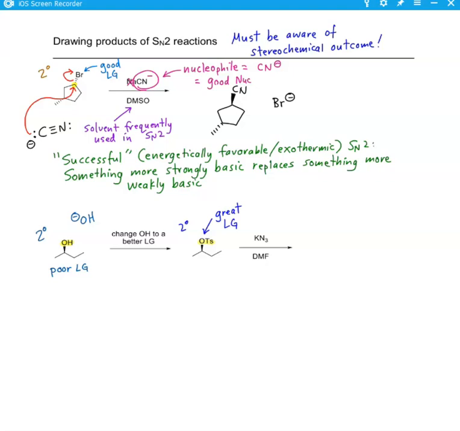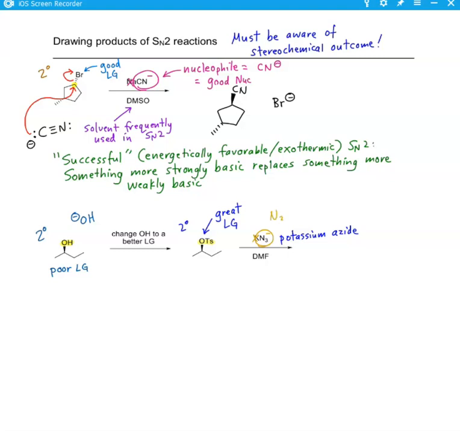And because we're talking about SN2 reactions, we should do an SN2 reaction. So we have KN3. KN3 is potassium azide. So that's its name. The K part you know, that's the counter ion. And so we don't need to consider it. All we need to consider is N3 minus.